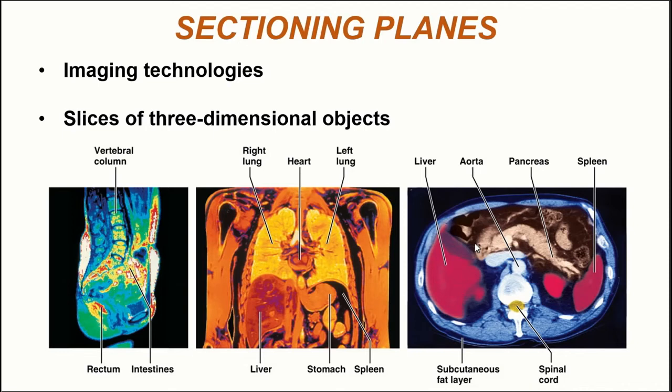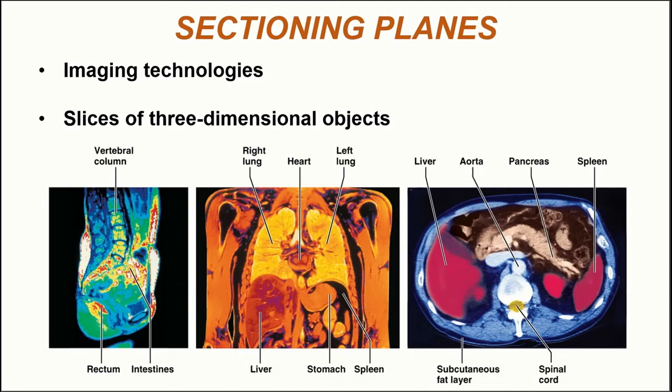Of course, we didn't actually cut through it, which is very useful to us because we can get an internal look at the body very quickly and easily. So what we end up with these imaging technologies is that we end up with slices of three-dimensional objects. And so we're essentially taking a three-dimensional object and looking at it from one two-dimensional perspective.